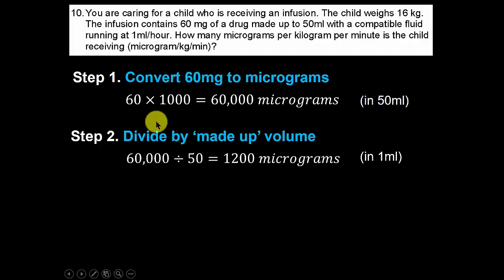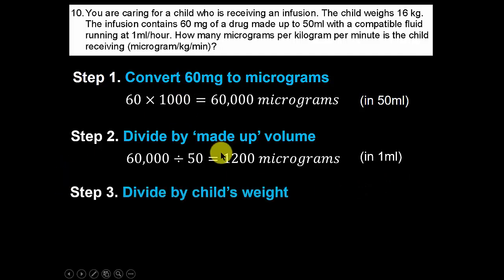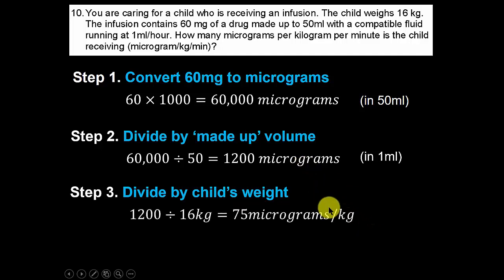We're now ready to take care of the child's weight. We now divide by the child's weight, because that 1,200 micrograms is for the full 16 kilograms. We're trying to work out how much that equates to per kilogram. So I'll now divide that 1,200 by 16. 75 micrograms per kilogram, and that's in 1 hour, which matches this part of the question, but we want it in minutes.